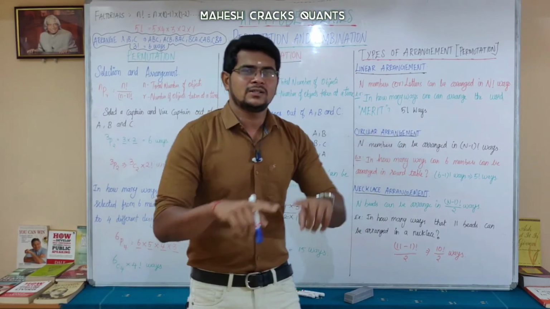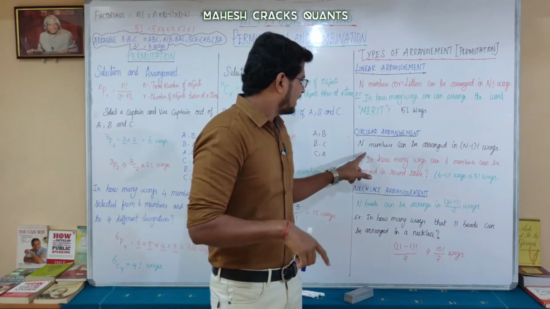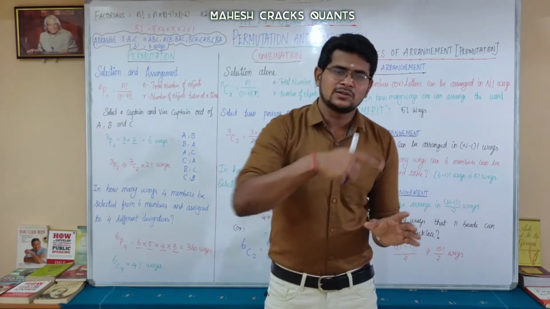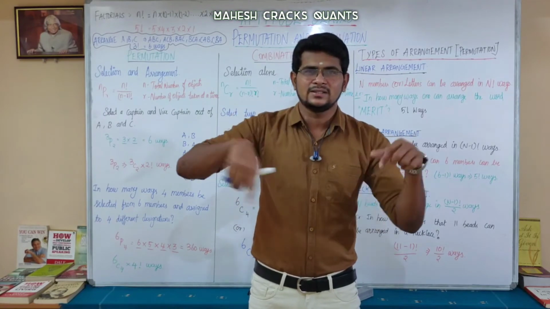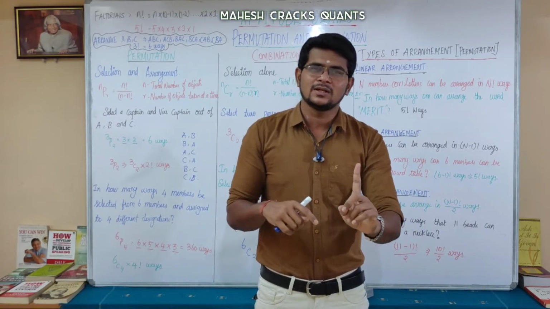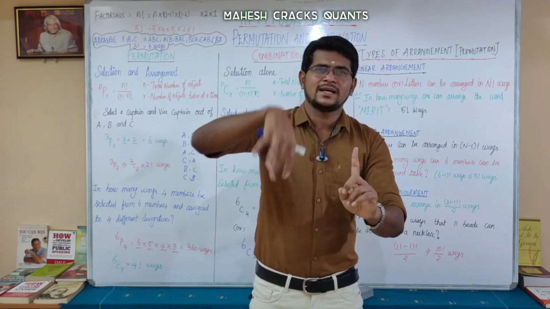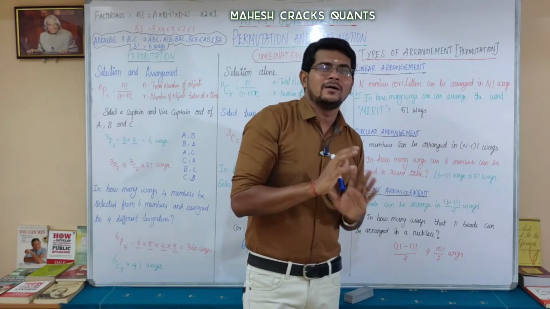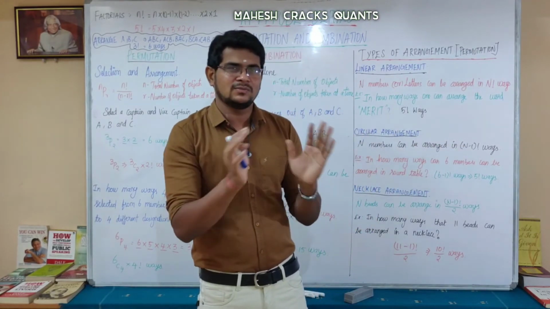Circular arrangement. When it comes to circular, n members can be arranged in n minus 1 factorial ways. When it comes to circular, you cannot arrange until you fix a particular person. If you fix a particular person, the remaining persons can be arranged. That is why we have to remove one person's count from the total.